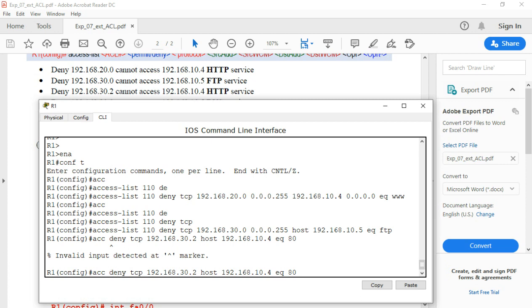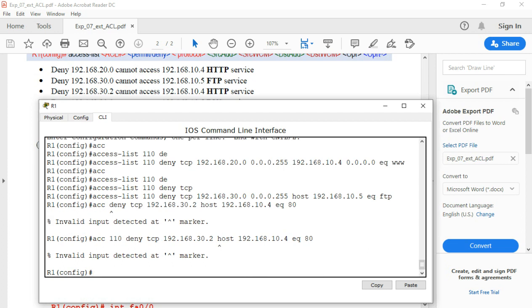We forget to write the number. Okay, access list 120 deny TCP, then you can see that we write the IP address, that it is a network.